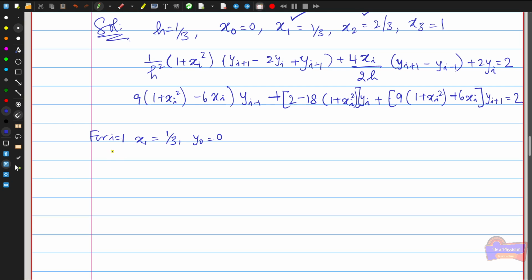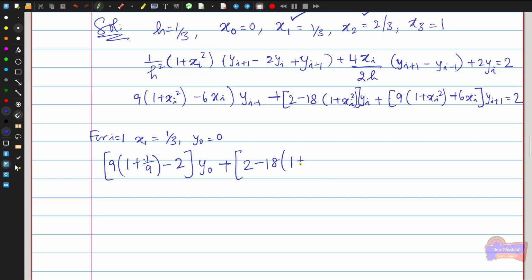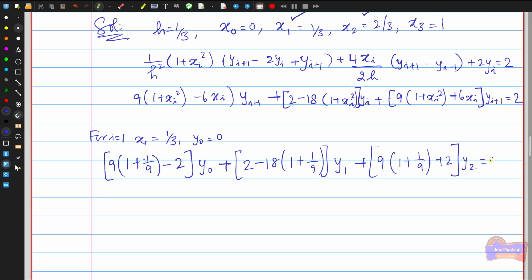So for i equal to 1, I can write this equation as 9 times (1 plus 1 divided by 9) minus 2 times y0. So this is my coefficient of y0, plus 2 minus 18 times (1 plus 1 divided by 9) into y1, plus 9 into (1 plus 1 divided by 9) plus 2 of y2, which is equal to 0.